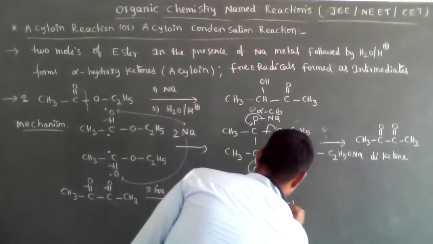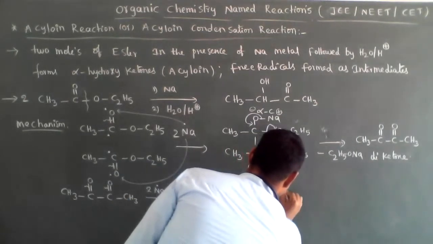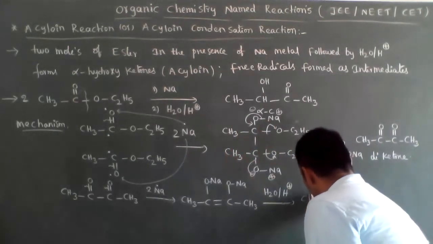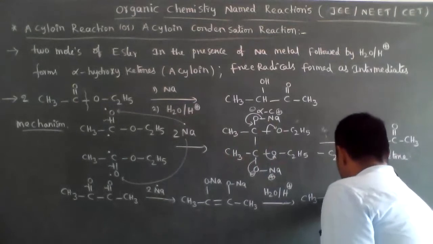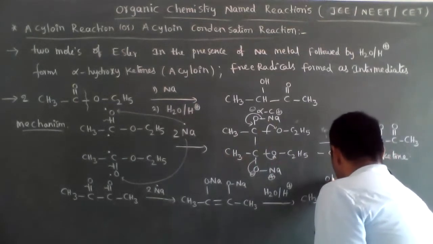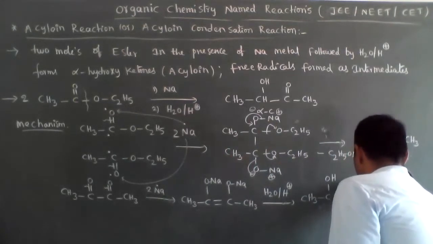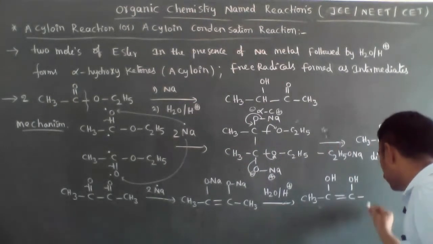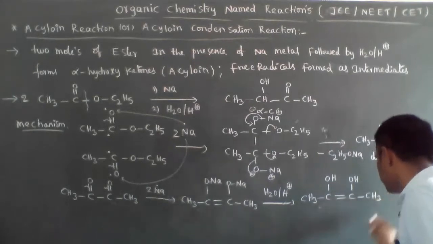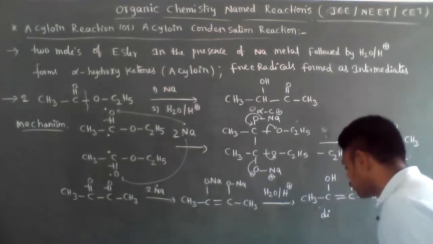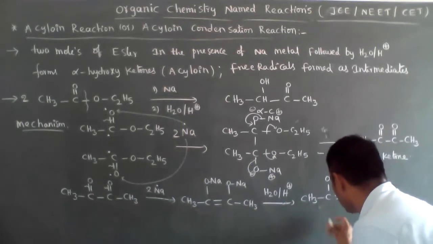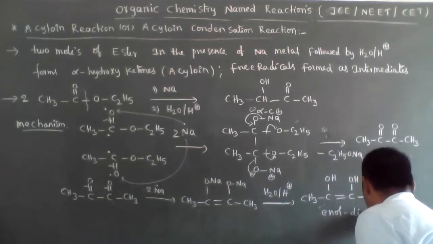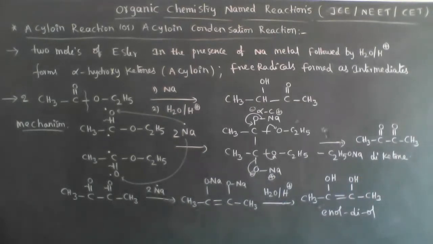This, on hydrolysis in acidic medium, forms CH3 with the OH group directly attached to the double bond. This is called an enediol. Sorry, an enediol will form.